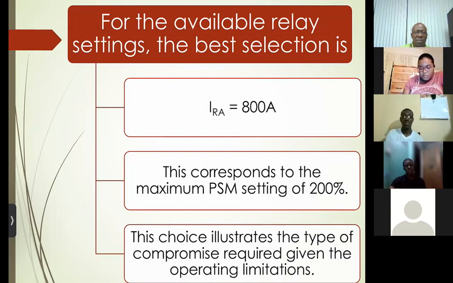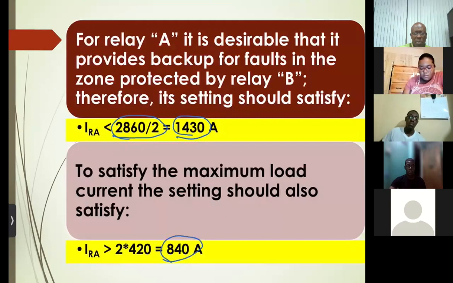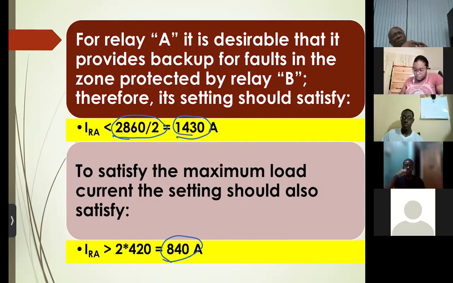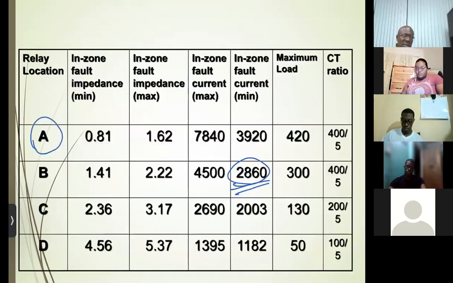Sorry, can you just run through that one more time? No problem. So what we are saying is that A, because this is the whole purpose of us doing the grading, is to coordinate the relays so that they support each other. But you also want to ensure that only the relay which is protecting a particular area operates during a fault. So remember when you were looking at zones, you would have had this zone that covers the first part of the network.